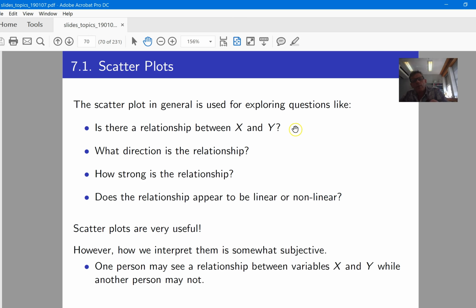On the other hand, sometimes you can use the scatter diagram to tell you something about the direction of the relationship. For example, if my dots are all gathered around this kind of range of values, this says that for bigger values of x, I tend to get smaller values of y.